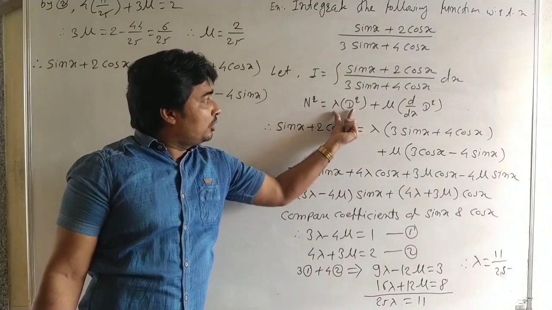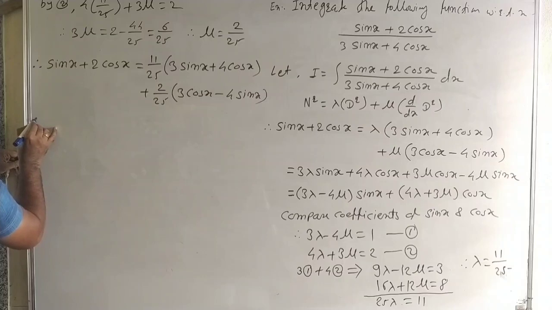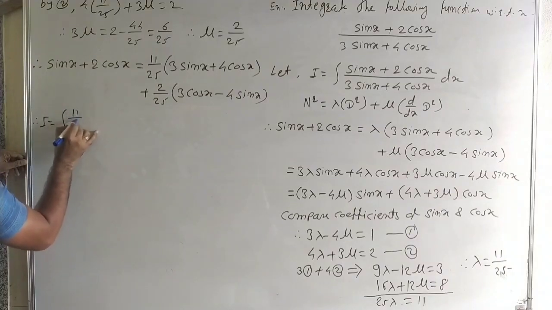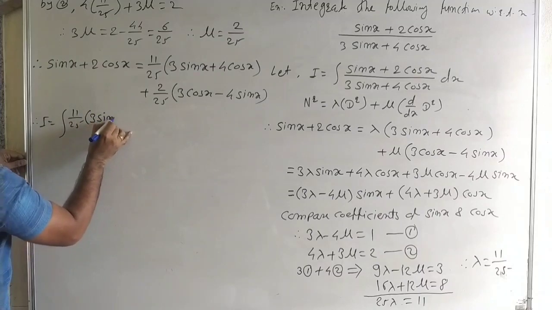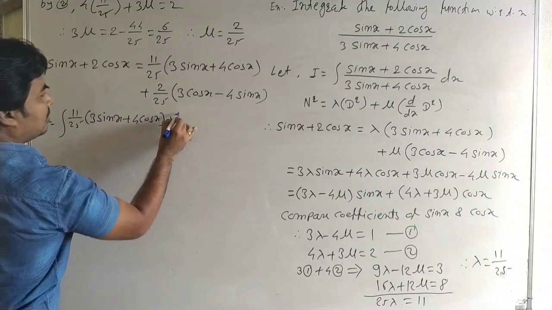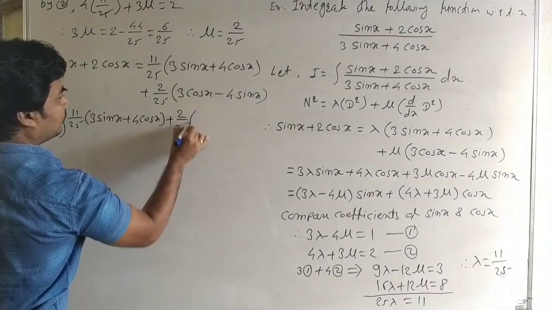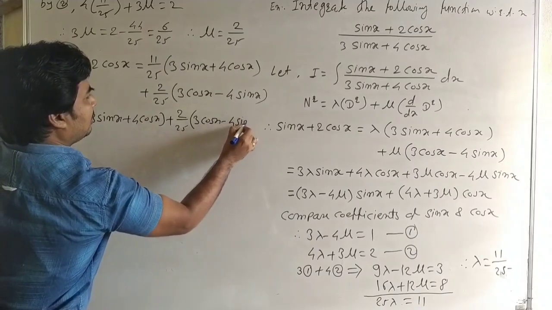Now replace the numerator by this term. The numerator is replaced by lambda into the denominator plus mu into the derivative of the denominator, and therefore our integral is equal to 11 by 25 into (3 sin x plus 4 cos x) plus 2 by 25 into (3 cos x minus 4 sin x).